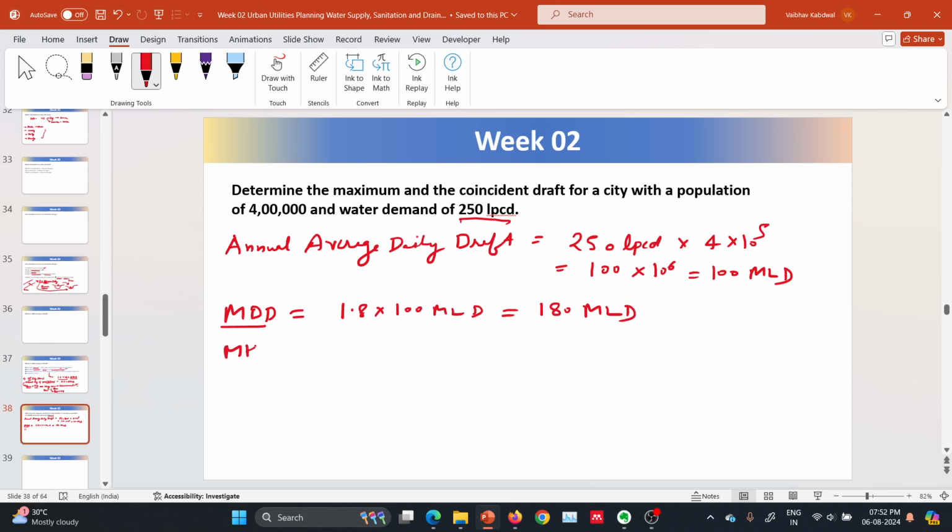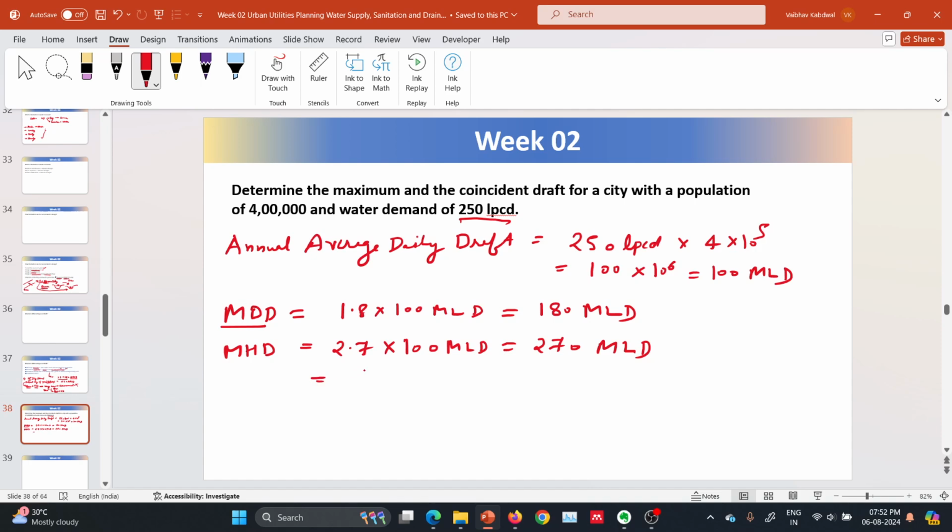Now the maximum hourly draft. It will be 180 times 1.5, so we can directly solve it as 2.7 into 100 mLD. So it can be written as 270 mLD.